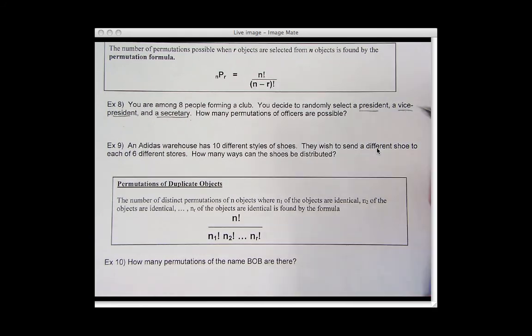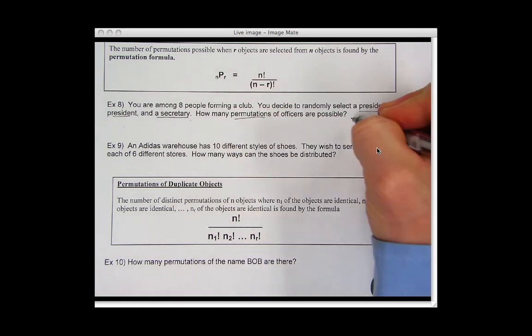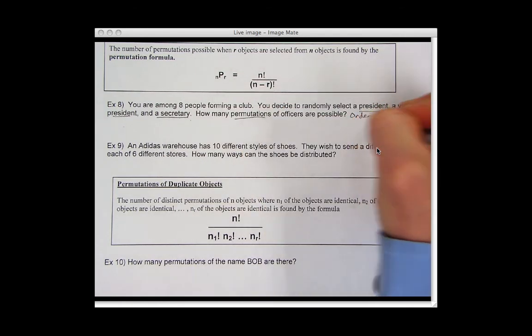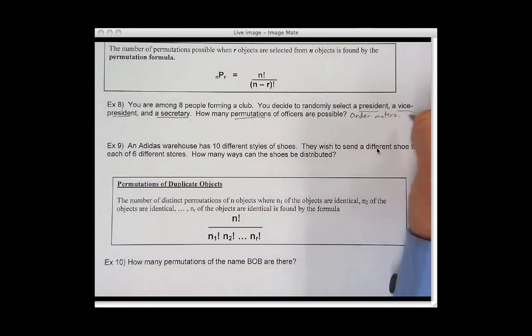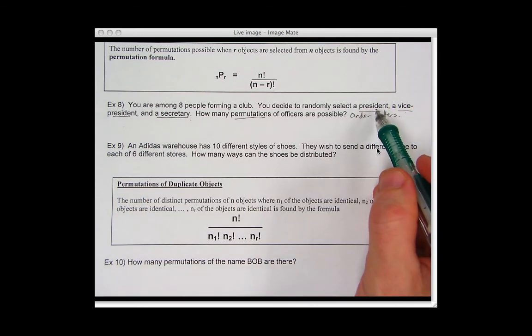So because they are different jobs, we know this is permutations and order matters. Basically if one of these 8 people gets chosen to be president, they can't be chosen to be vice president or the secretary. So it does matter what order you're chosen in.